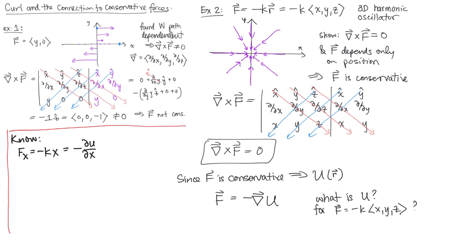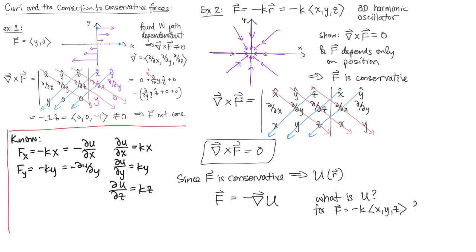Okay. So that tells us that whatever this function u is, it has a partial derivative with respect to x that's kx. And you can repeat this for y and z, and you get the same result for z.